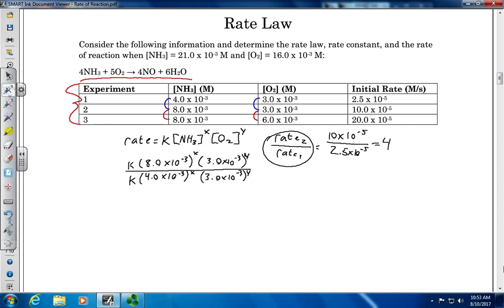Okay, so now we can cross things out, right? Both of them have k, so they cancel out. Both of them have this 3.0 times 10 to the minus 3 to the y power, so we can cancel that whole thing out. And we're left with 8 times 10 to the minus 3 to the x power over 4 times 10 to the minus 3 to the x power.